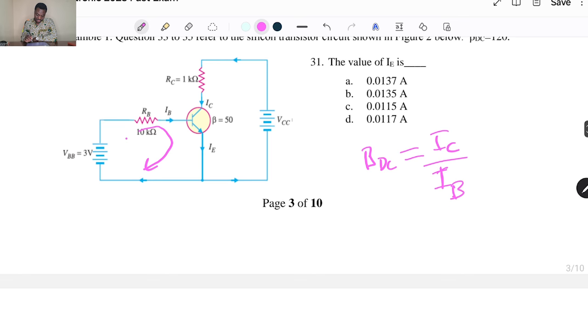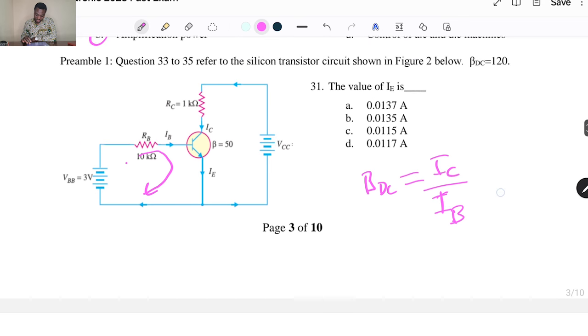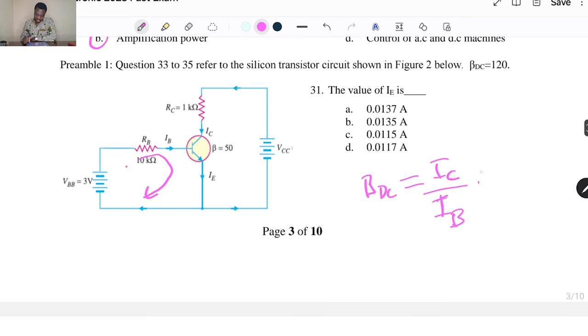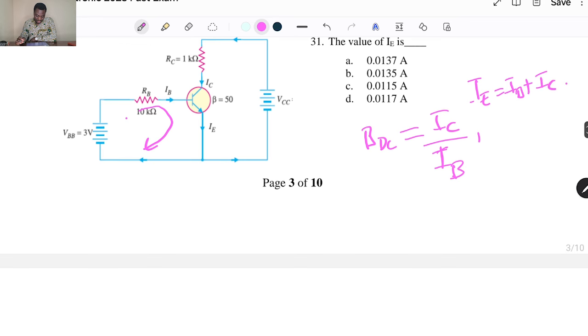Once I know my IB, I can get IE. So let's try and get IB in that case. Once you know IB, I can get IE. IE is going to be IB plus IC. So let's try and get IE.